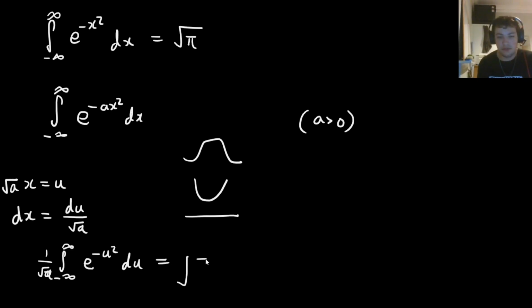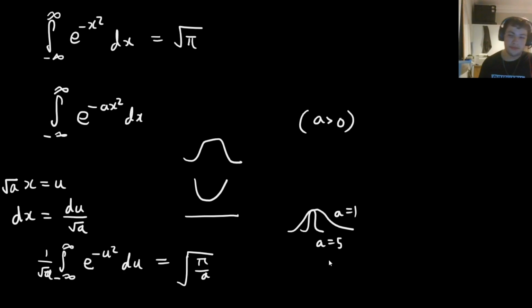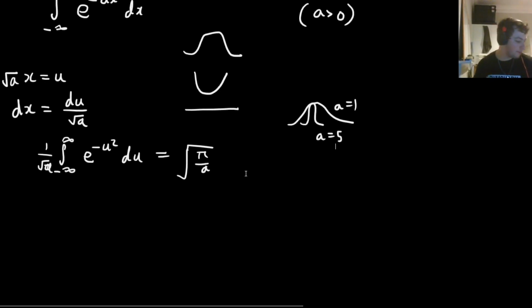And so this is just root pi over a. So as a increases and we get a sharper Gaussian, then the area is going to go down. So let's say this is a equals 1, this is a equals 5, I don't know. So we shrink in our area.